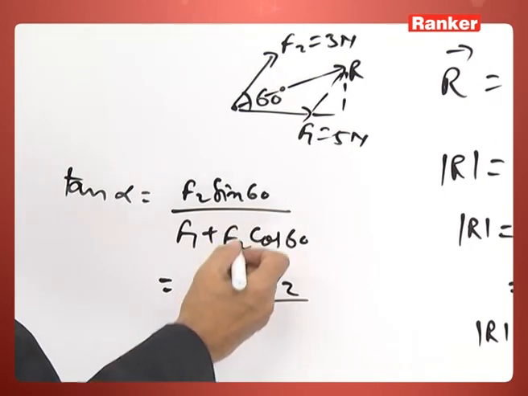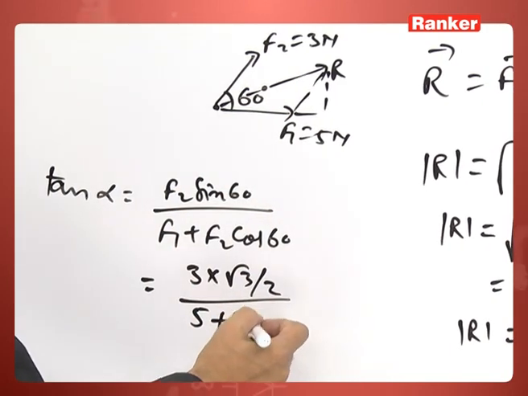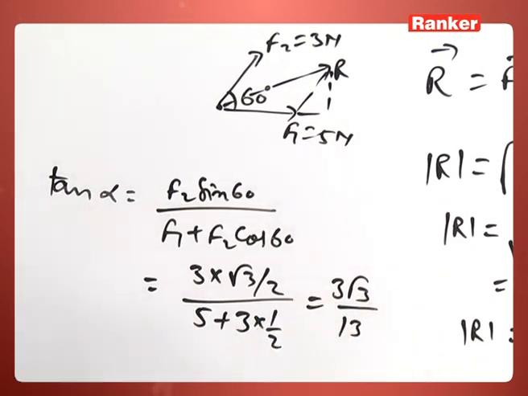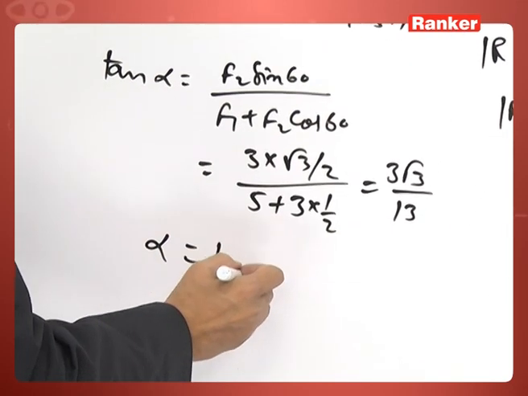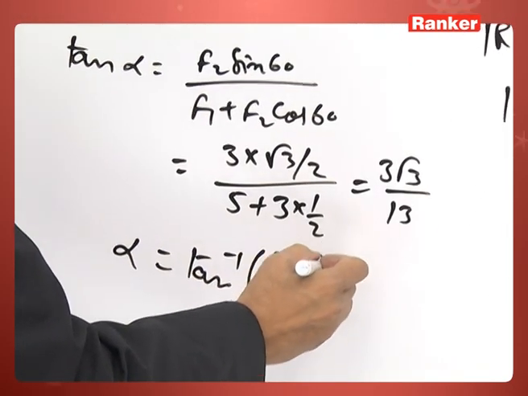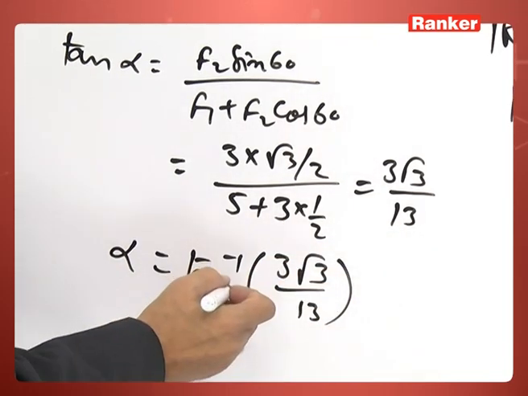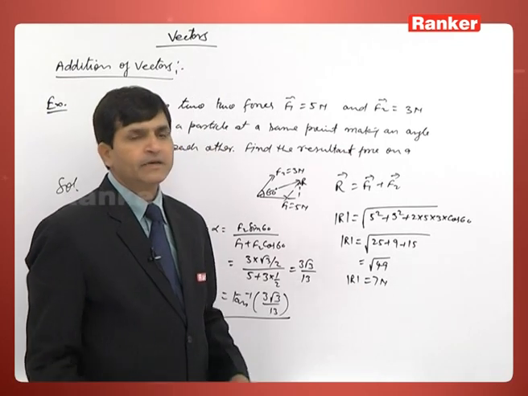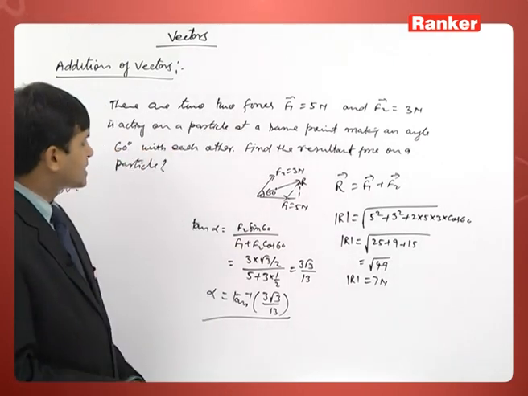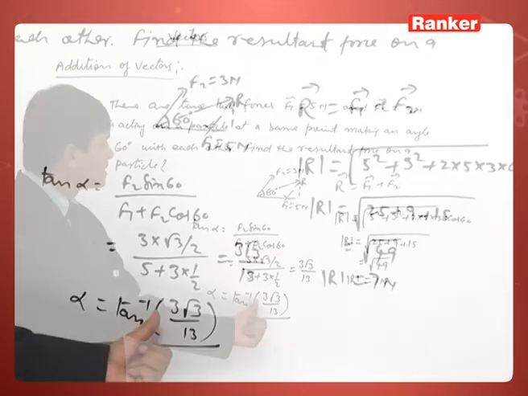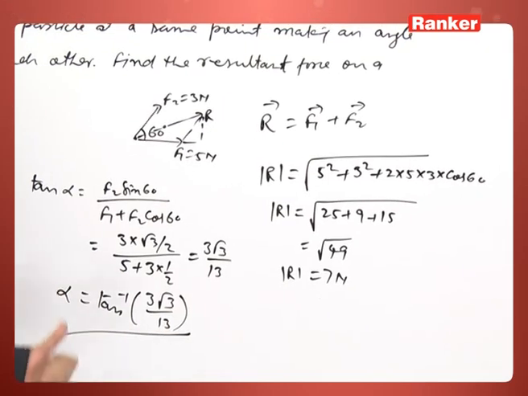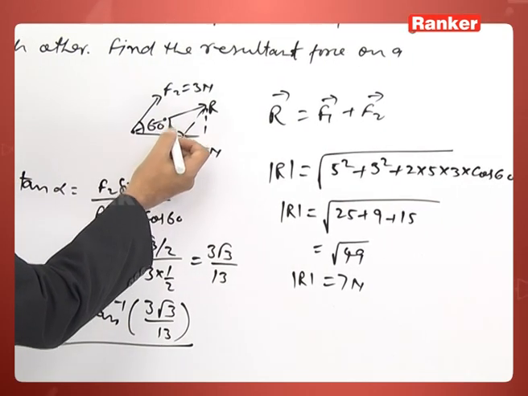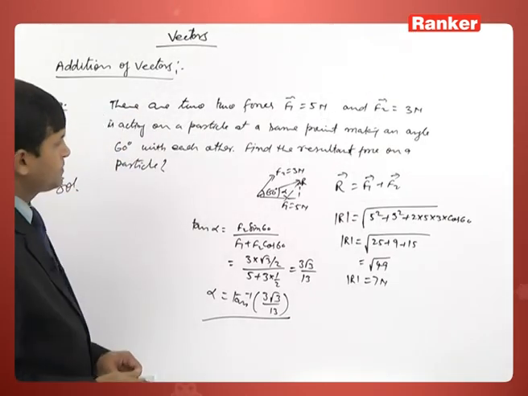F1 is 5, F2 again 3, cos 60 is 1 by 2. So, this is 3 root 3 by 13. So, alpha is tan inverse 3 root 3 by 13. We can say the resultant force on a particle is 7 Newton, and that resultant force is making an angle tan inverse 3 root 3 by 13 from the force F1. This angle here is alpha.